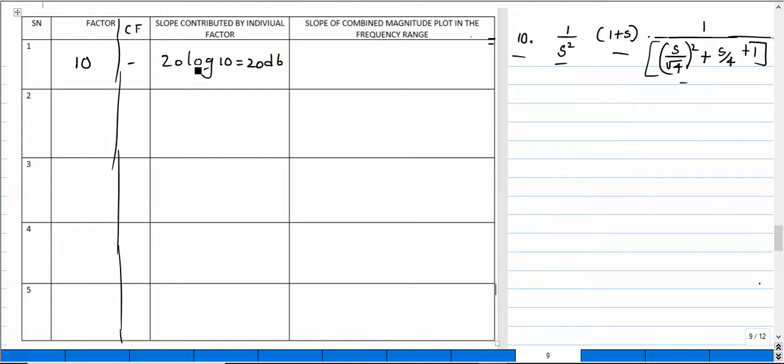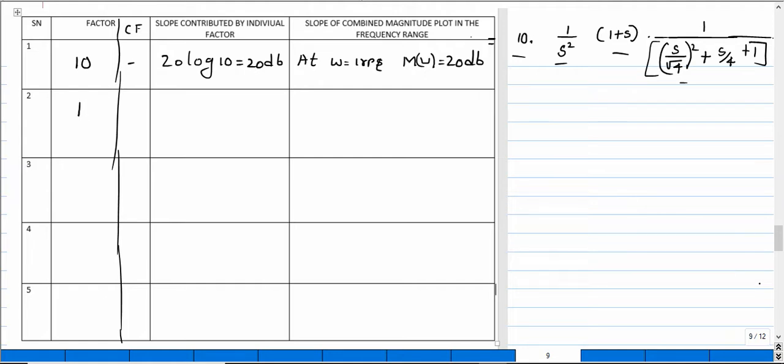Here we will be drawing a straight line at omega equal to 1 rps with a magnitude of 20 dB. So this is first.